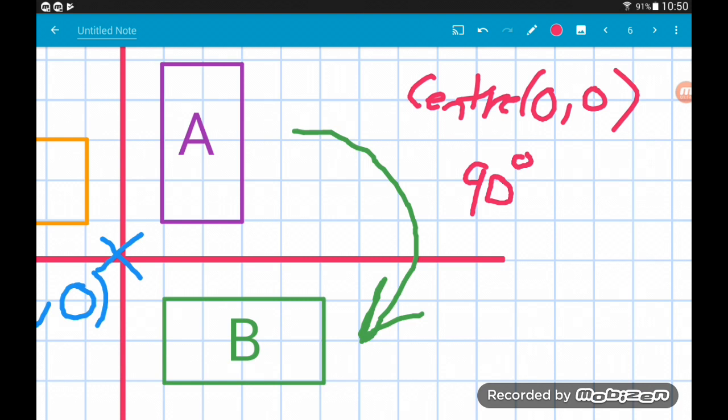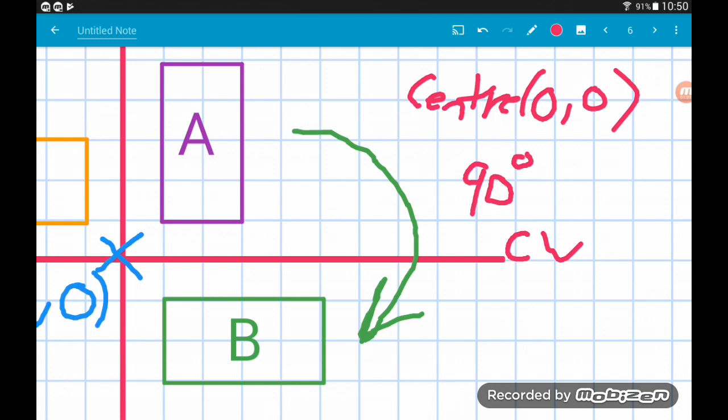So it's happened in the same direction, hands move around a clock, so it's clockwise. So A to B is a rotation of 90 degrees clockwise, centre, the point 0, 0.